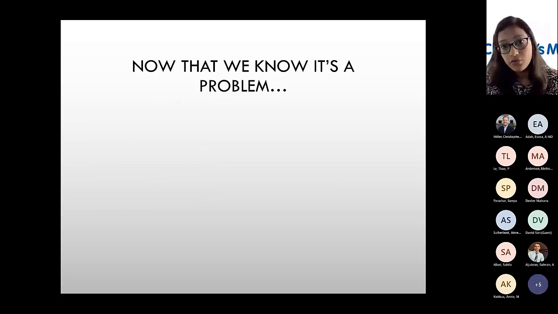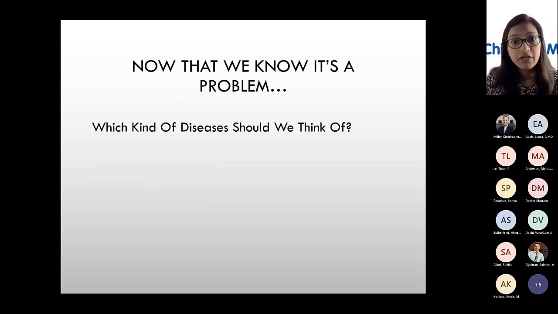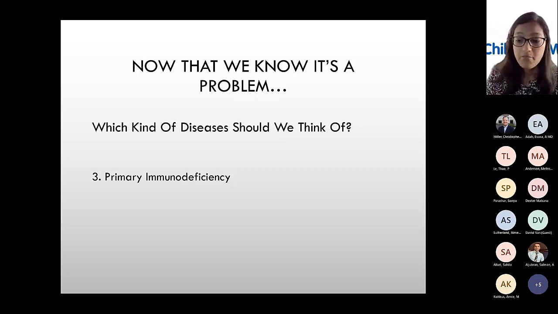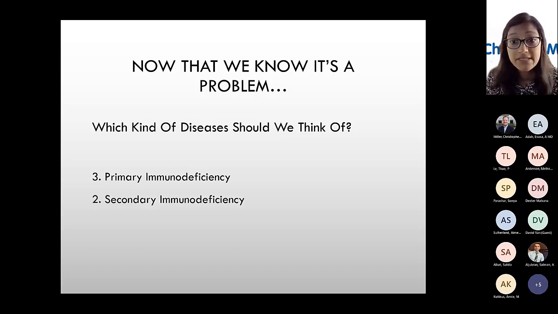So now that we know it's a problem, what kind of diseases should we be thinking of? Primary immunodeficiency, that's the talk. So that's pretty obvious. We'll be talking about those and thinking about those diseases. But as you see, I've numbered it number 3. There are 2 other things that we should be thinking of more frequently: secondary immunodeficiency and other causes.